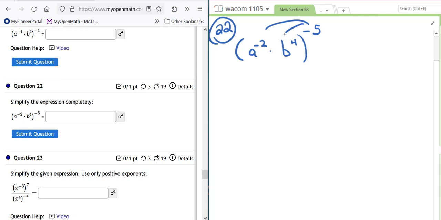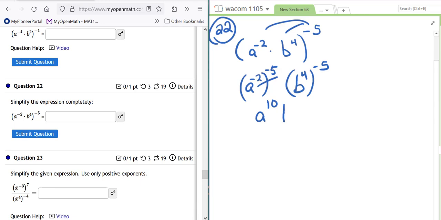So a product to a power takes that down to each one, a to the negative 2 to the negative 5, b to the 4th to the negative 5, and you're going to keep the base and multiply. That turns this one into a positive. The b is still a negative, and so now the b is going to have to shift. The a is good. The b is going to have to shift.